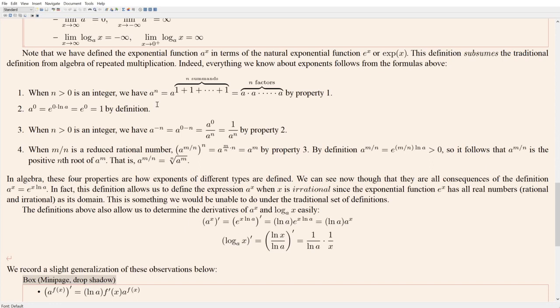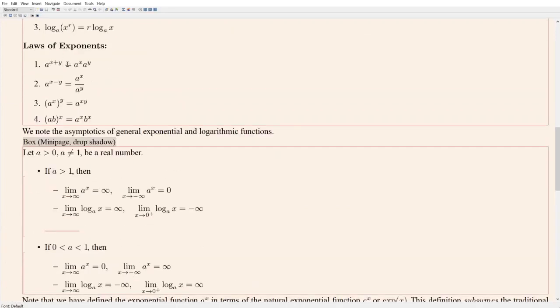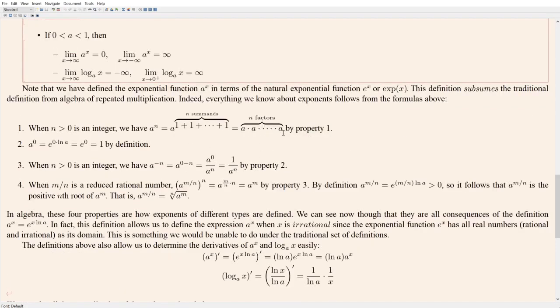So, with our new definition, does this really hold? Well, yeah, it does, because n we can write as 1 plus 1 plus 1 plus 1 plus 1, n times. And then because of this property here, property 1, this is the same as a to the power 1 times a to the power 1 times a to the power 1 times a to the power 1, n times. So, indeed, we have recovered the traditional notion of exponent, even though we came at it from this completely unexpected direction.